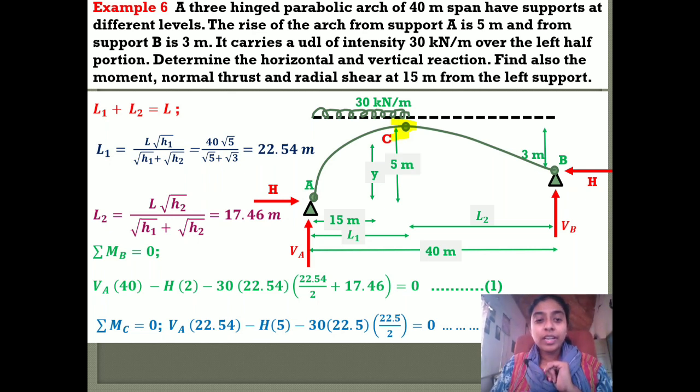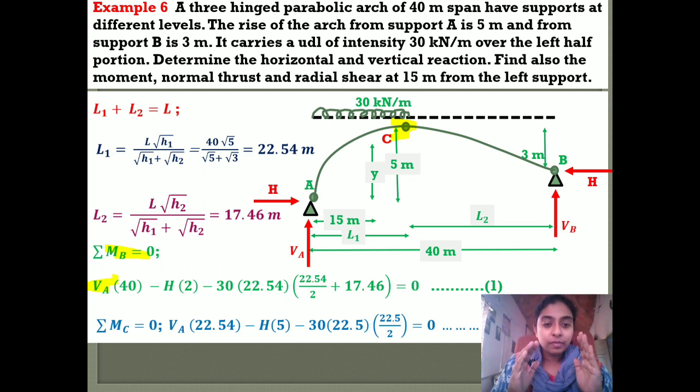See, here already our unknown is VA, so that we will consider the left of C. Suppose if you are taking sigma MA is equal to 0, initially you have to consider the right of C. See, all these concepts we have already discussed, you already know very well.